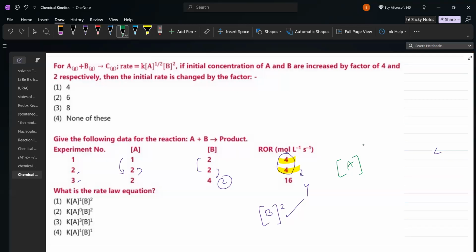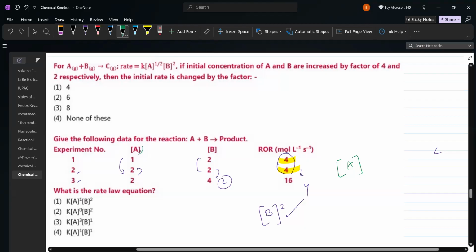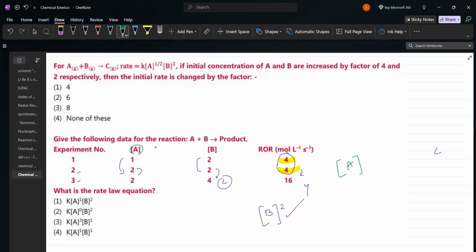One? Can you say that with respect to A, the rate of reaction is not depending on the concentration of A? Is this statement true or false?